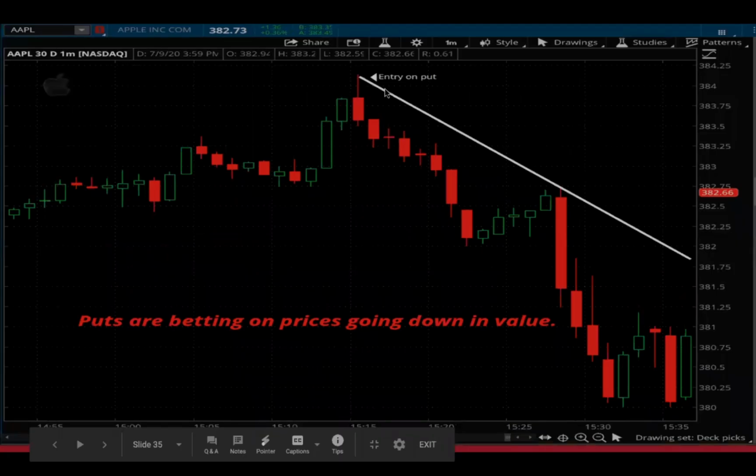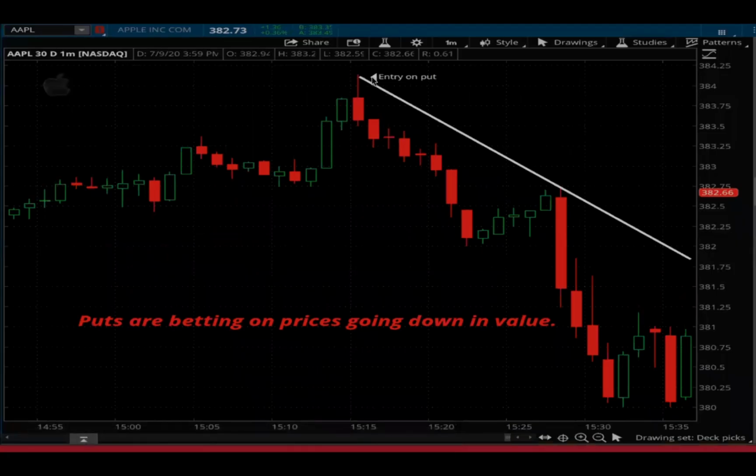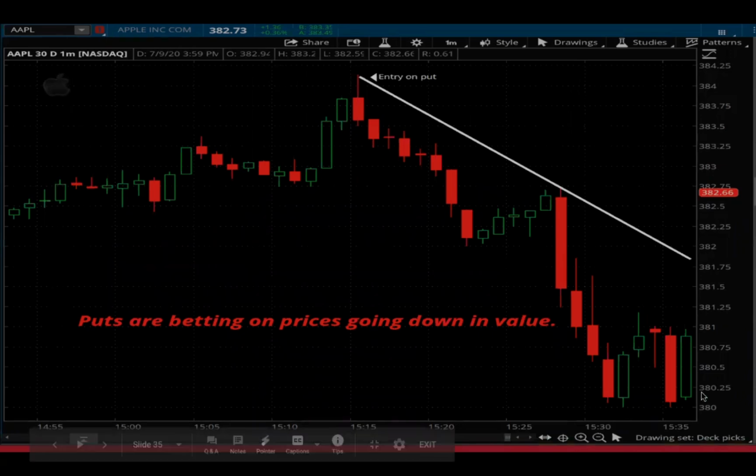At 384, you decided to buy a put. You wanted to bet on Apple going down in price. Well, what's the difference between Apple from 384 and 380? $4. So if you were betting on the market going down, you would have made $4. If you were buying a contract, you should be up about $400 in theory.